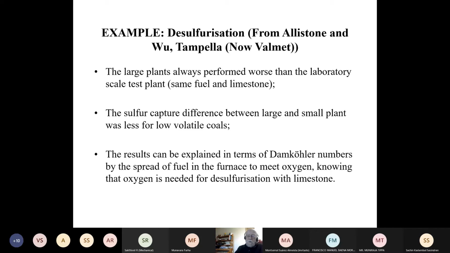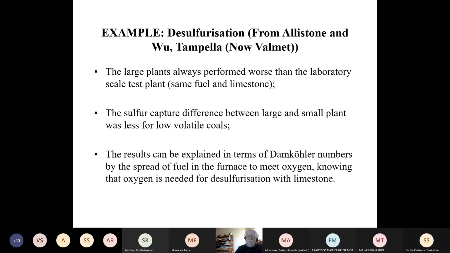So therefore, the manufacturer who wants to be on the safe side and doesn't want to promise too much tests his limestones in a laboratory device. That is a small reactor that they had in their laboratory, where they tested all the limestones that could be of interest.